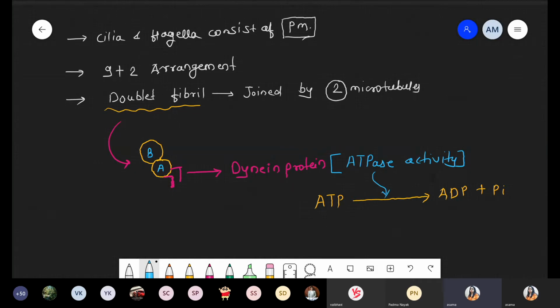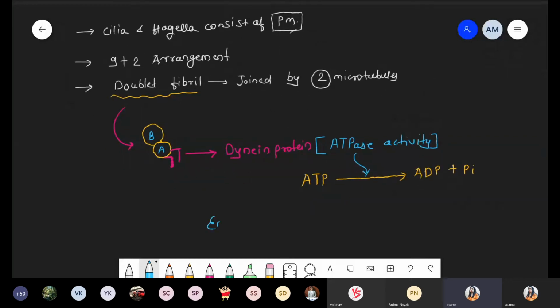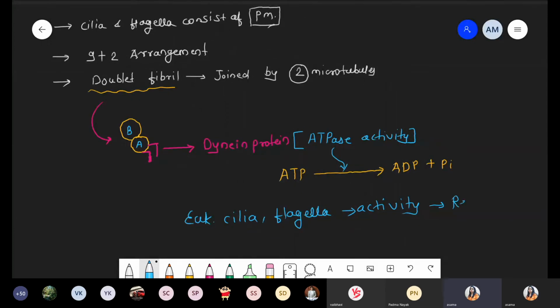So ATP is required. That's why, for all the activity of eukaryotic cilia and eukaryotic flagella, whether feeding, locomotion or circulation, they require energy in the form of ATP.